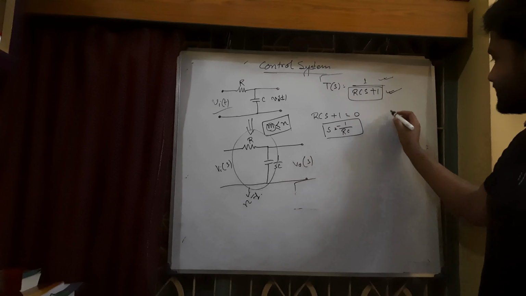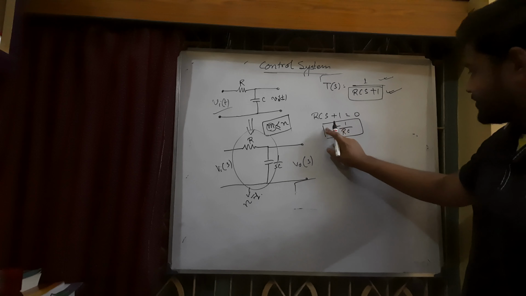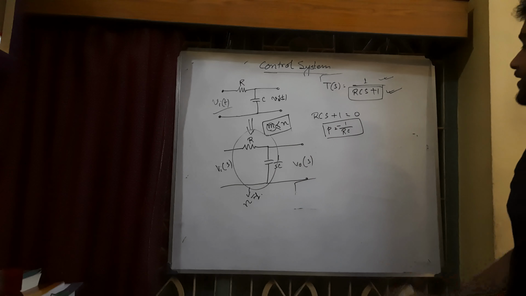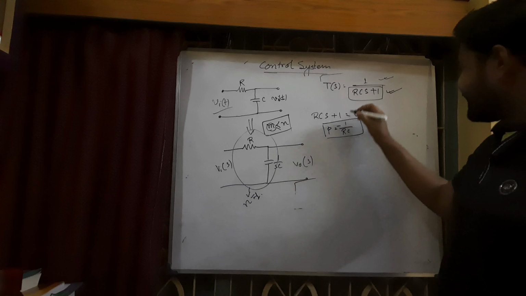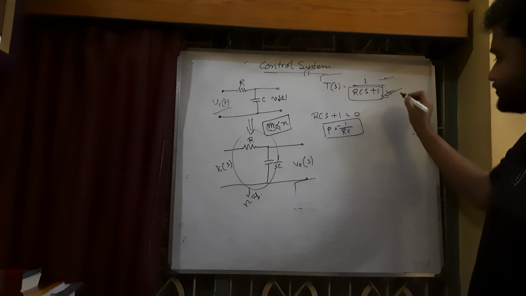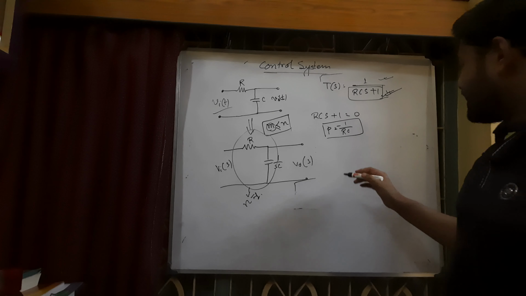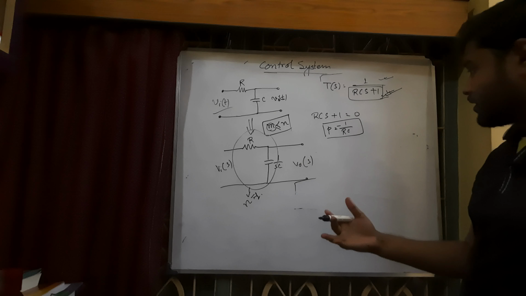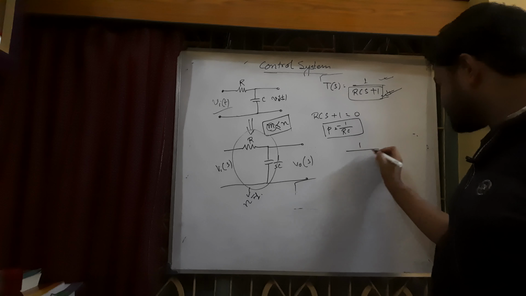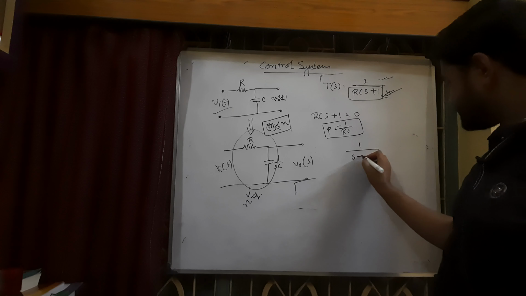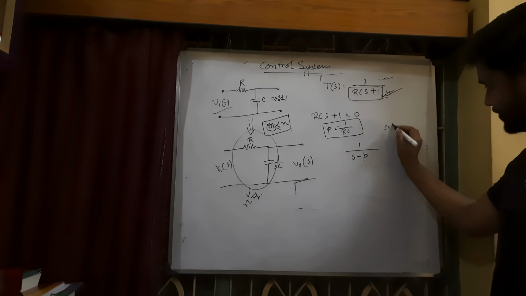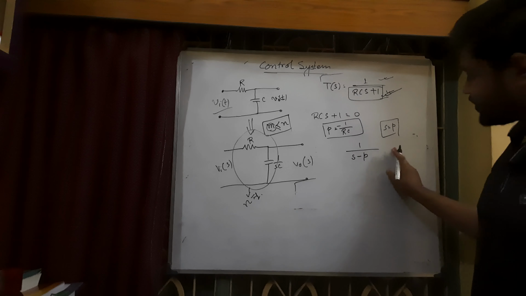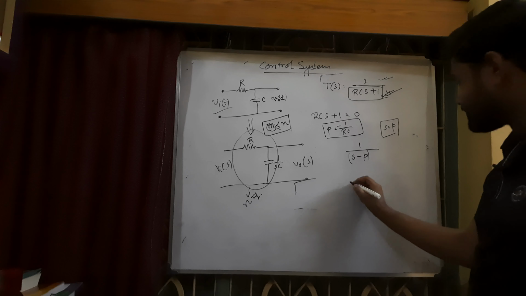So I can write this system as, okay, this is a pole, so let me write it as P. This is in polynomial form, and I can write it in pole-zero form like this, s minus p. s equals p is the pole, so s minus p is the factor.